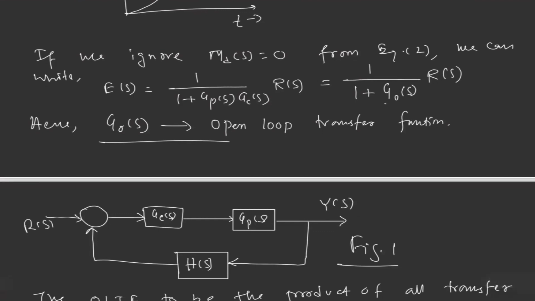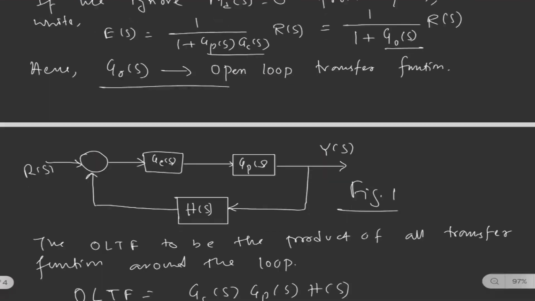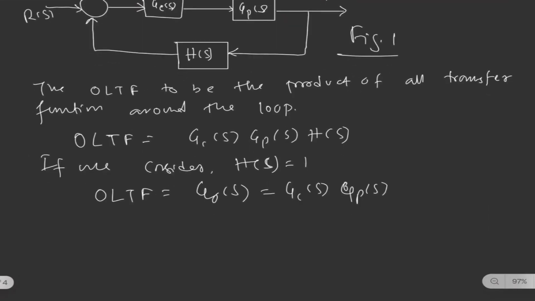This is our G naught S, which is GP of S, GC of S. For this case, we have assumed the sensor transfer function is 1. So that's why it is like that.